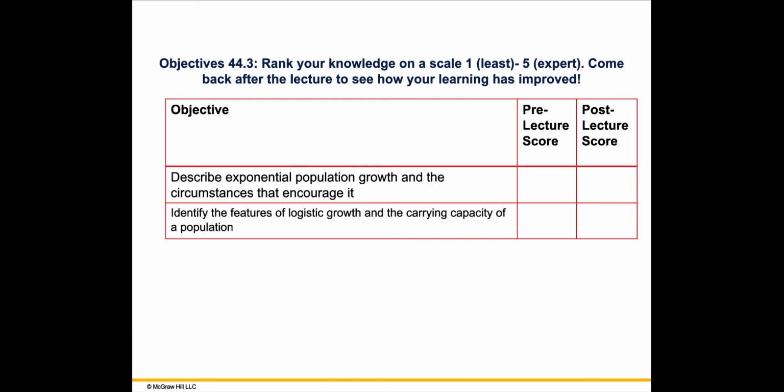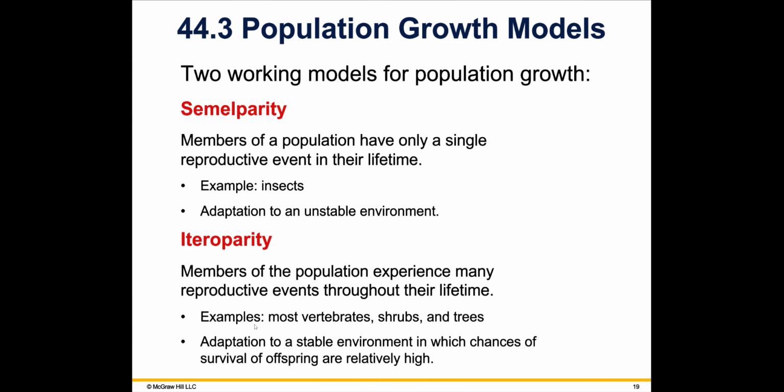All right, section 44.3, we are going to take a look at population growth in another sort of fashion here with logistic growth and exponential growth. So there's really two population growth models, and one of them is named semelparity, which is where members of a population only have one reproductive event in their lifetime.